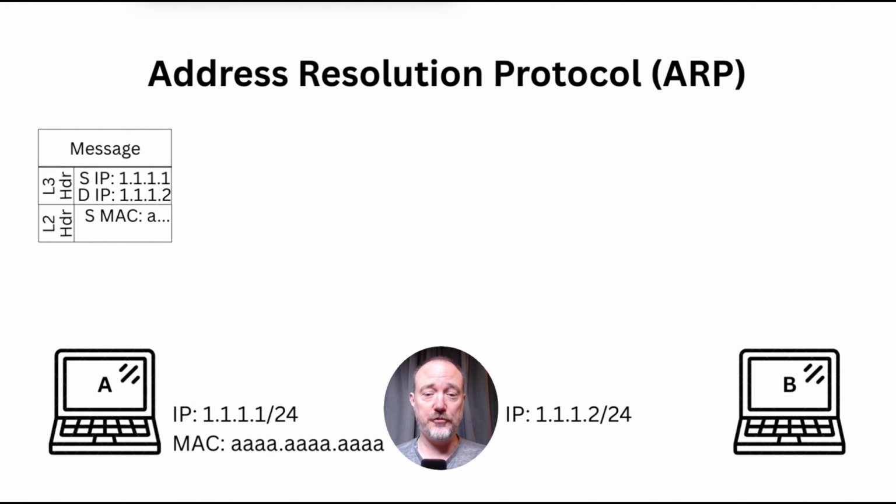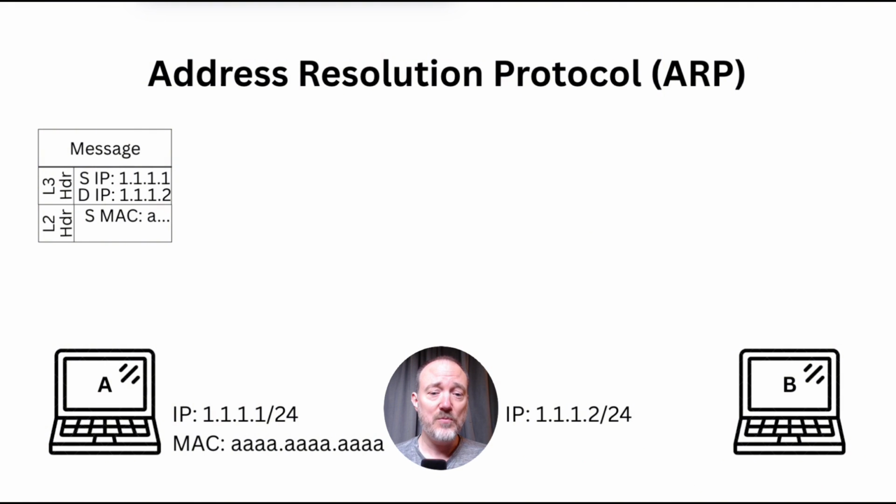This point is critical here because if the destination is part of PCA's layer 2 broadcast domain, then it can send a layer 2 broadcast and be able to reach that destination. So if PCA could receive a packet that had a source IP of 1.1.1.2, then PCA would also be able to determine what the MAC address of that device is because it would be called out as the layer 2 source of that packet.